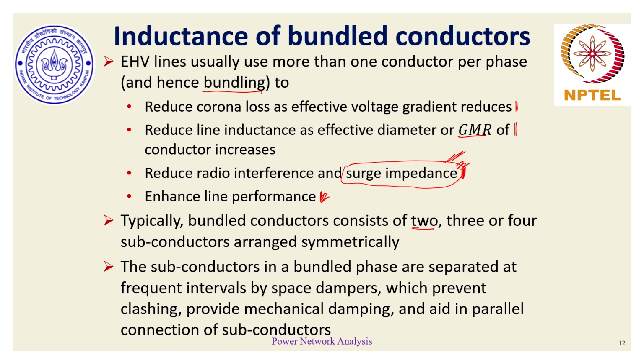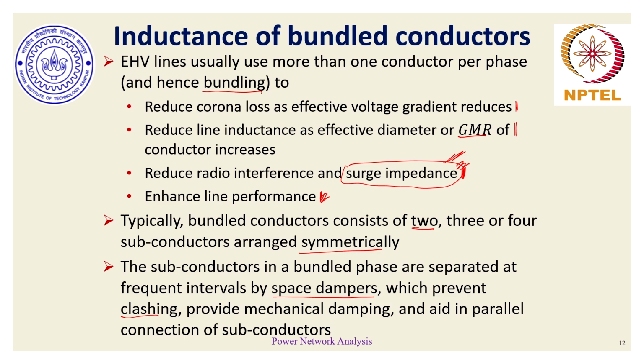Also, these composite conductors in a particular bundled arrangement are physically spaced apart, usually in a symmetric arrangement, and they are separated at frequent intervals by mechanical devices known as space dampers, which prevent contact and clashing between these conductors.